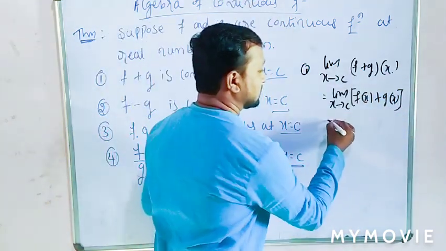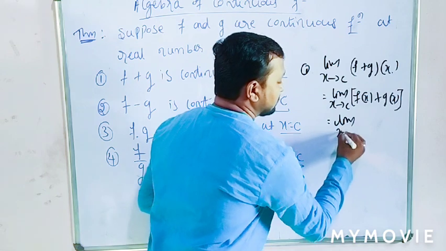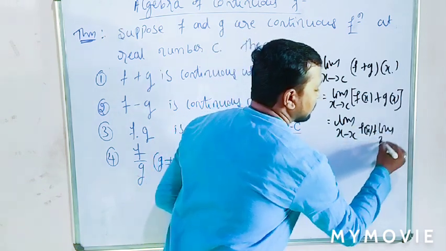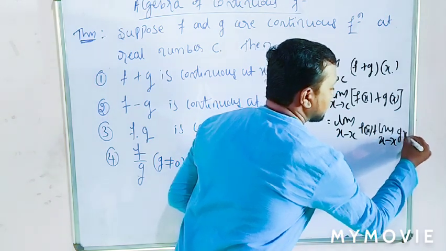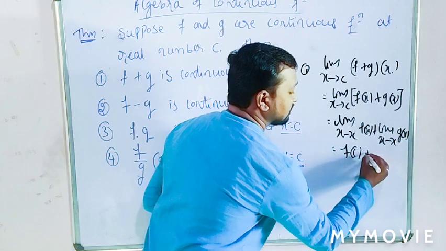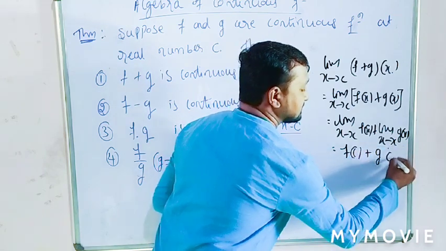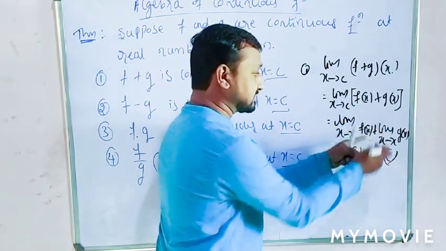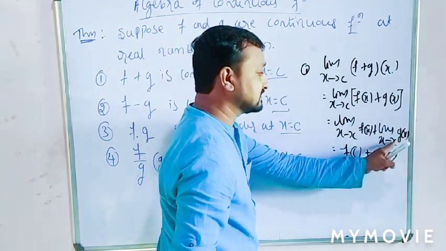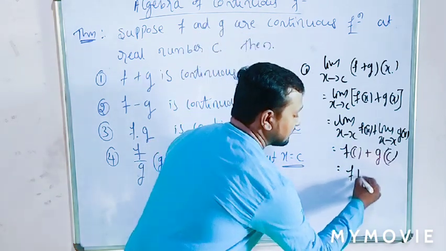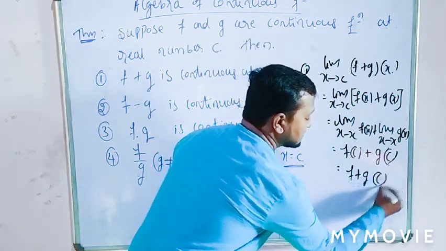That is equal to the limit of x tends to c of f of x plus the limit of x tends to c of g of x. Applying the limits, we get f of c plus g of c, because f of x tends to f of c, g of x tends to g of c. So f of c plus g of c can be written as f plus g of c.